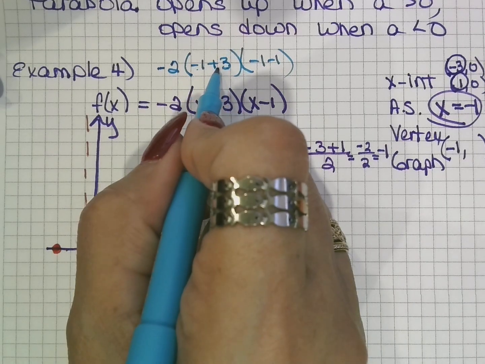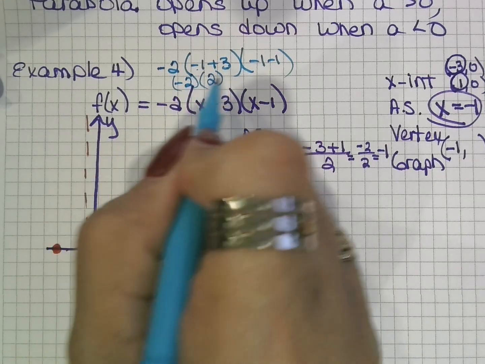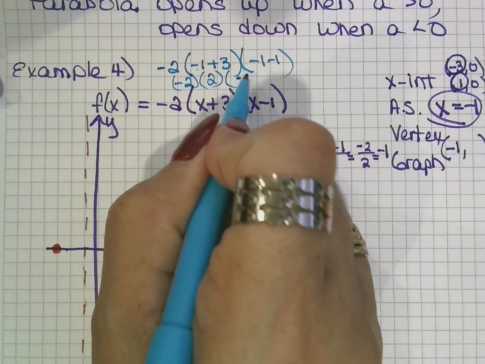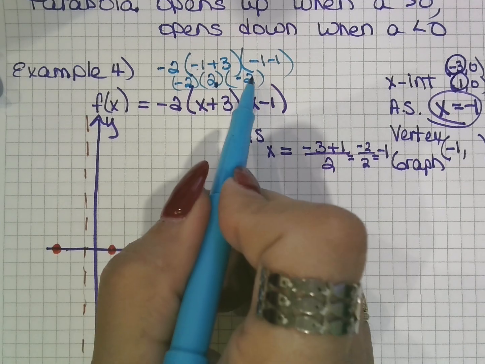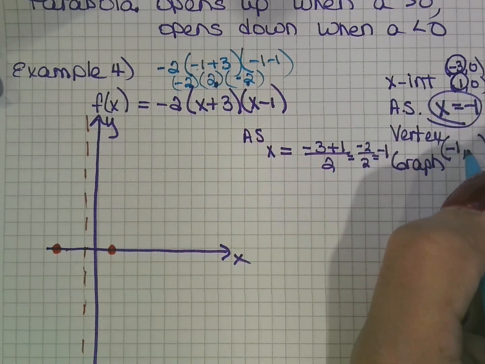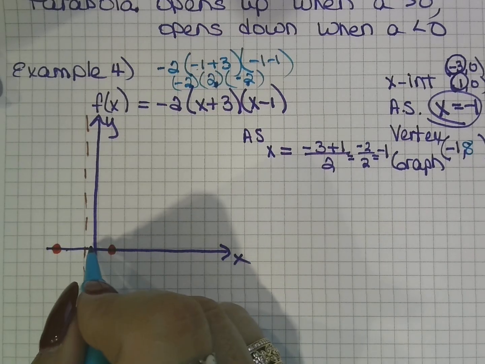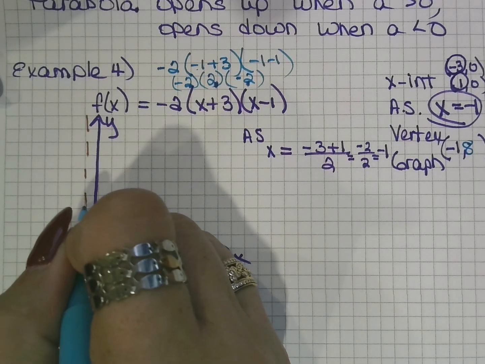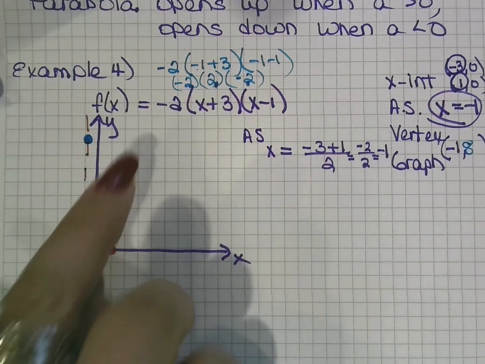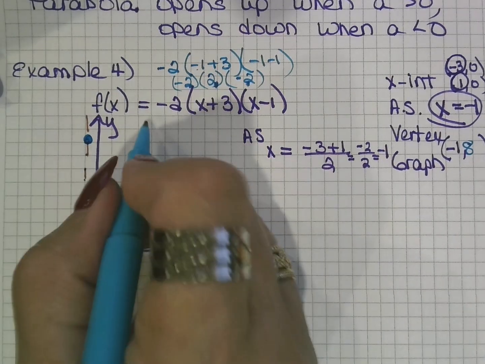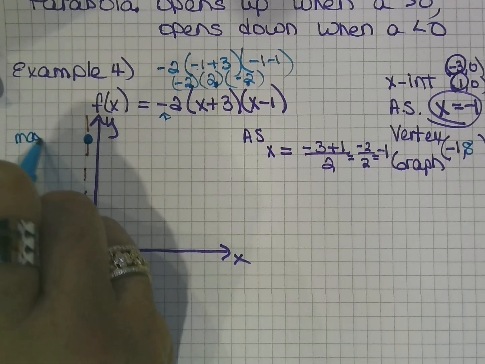Negative 1 plus 3 is 2, and negative 1 minus 1 is negative 2. So negative 2 times 2 is negative 4. Negative 4 times negative 2 is positive 8. So at negative 1, we're going to be at 8. Now this guy is opening down because of that minus sign, so this is going to be a maximum.